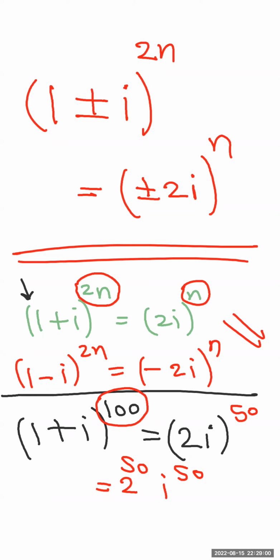But i to the power 50 equals what? This is the important point. Simply divide 50 by 4. It equals 12, since 4 times 12 is 48, so the remainder is 2. If the remainder equals 2, this means i to the power 50 equals negative 1.